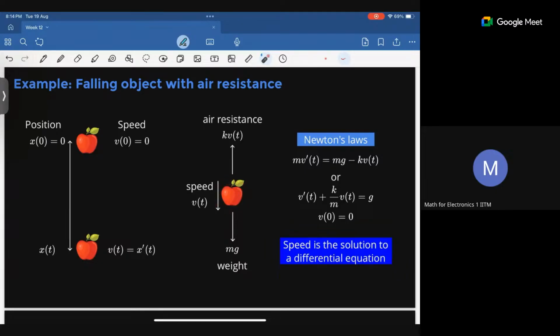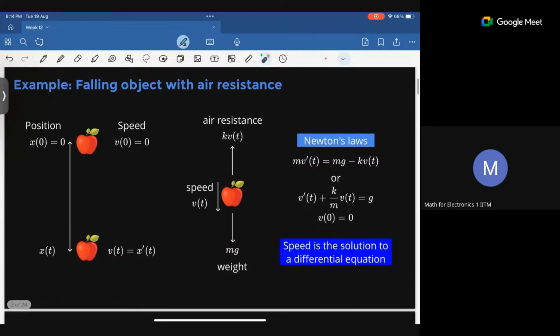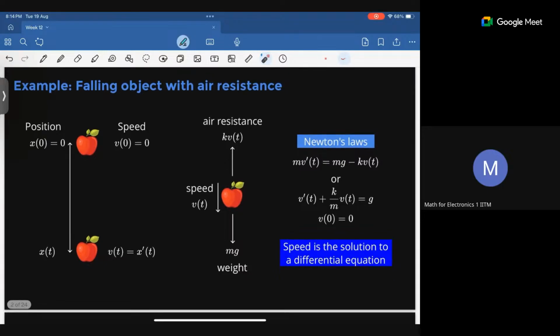And the apple has some weight, and that weight will act downwards because of gravity, and that weight is actually mg, right? You would have studied mass times the gravitational acceleration, which is g. So the overall forces that are acting on this apple are this, right? So this is one force, and this is air resistance.